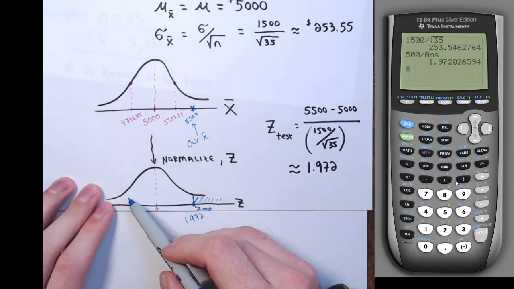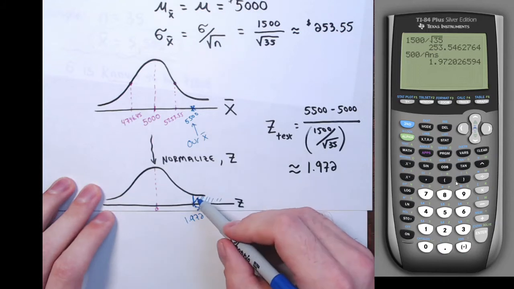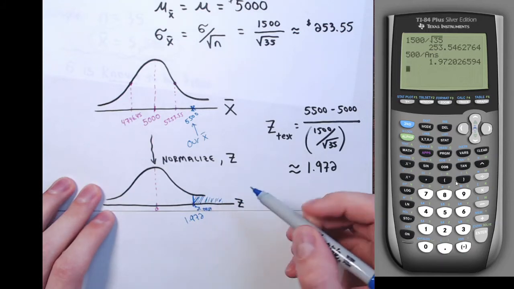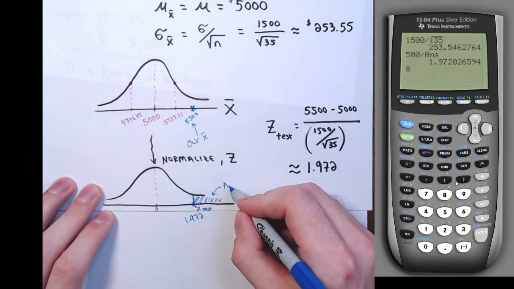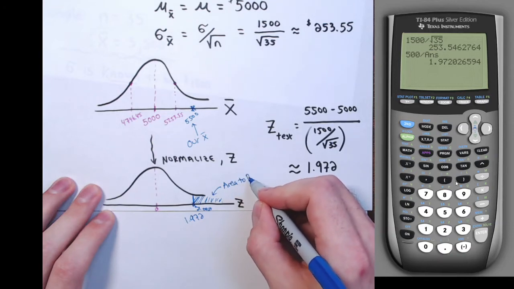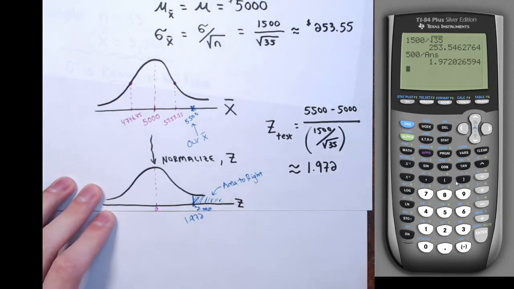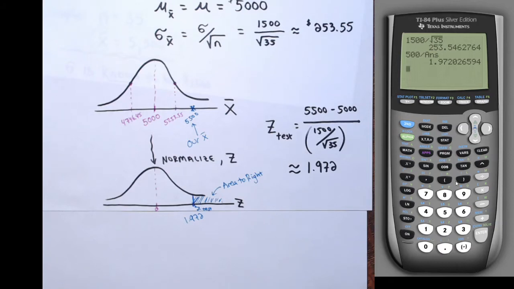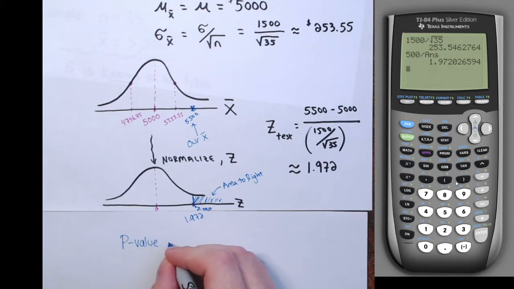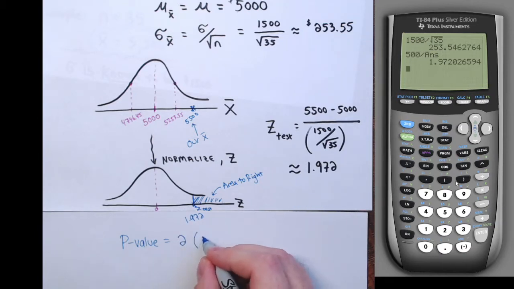If the test statistic was left, you take the area to the left. So I'm going to find this area to the right of our test statistic, and then that gets doubled for the p-value. So the p-value for our test statistic, this 1.972 z-score, is 2 times this area.